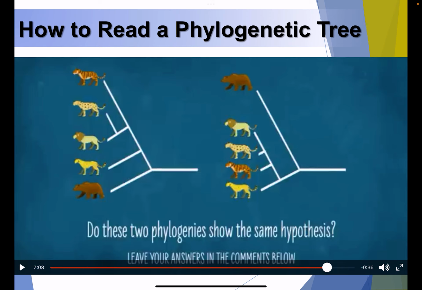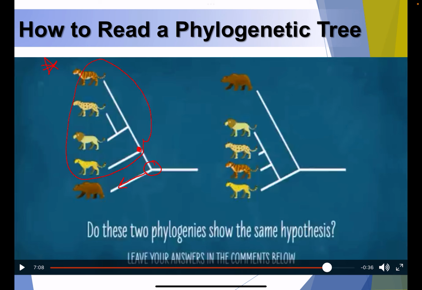I want to go over this with you really quickly because we talked about how phylogenetic trees can be represented in 3 different ways. So here is a very good example of two representations of the same phylogenetic tree. He asked, do these two phylogenies show the same hypothesis? Here is this branch point that goes to bears and this whole group of species.